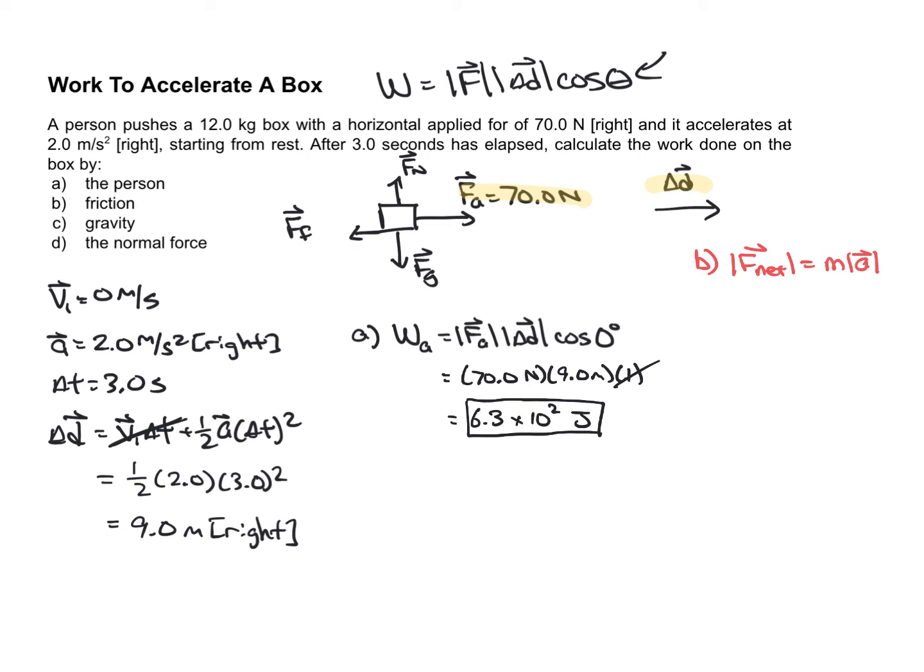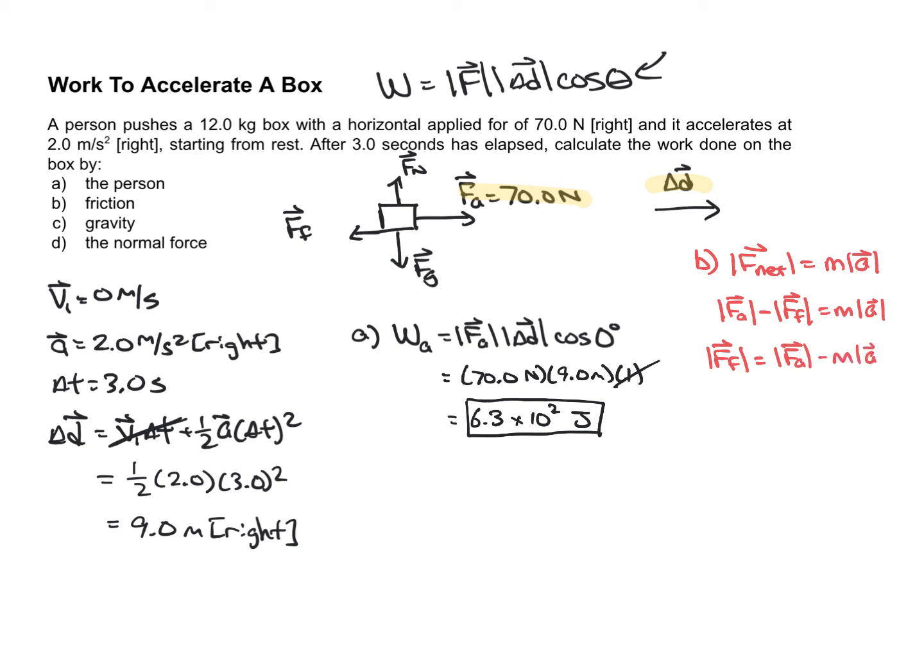F net equals ma. Now the net force, the magnitude of it, is going to be the 70 newtons applied force, take away whatever friction is. That's going to end up being the net force, and that's going to equal ma. So that'll let me rearrange and find friction. When I successfully rearrange to find friction, you should end up with applied force subtract ma.